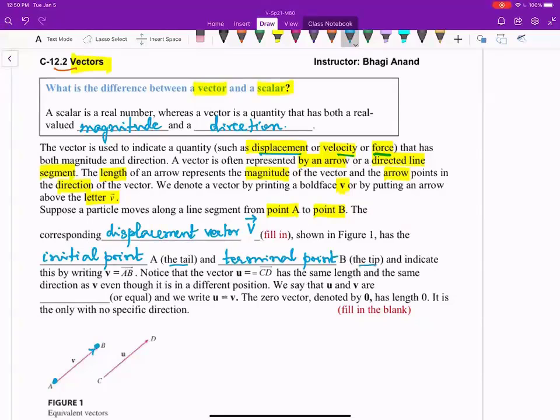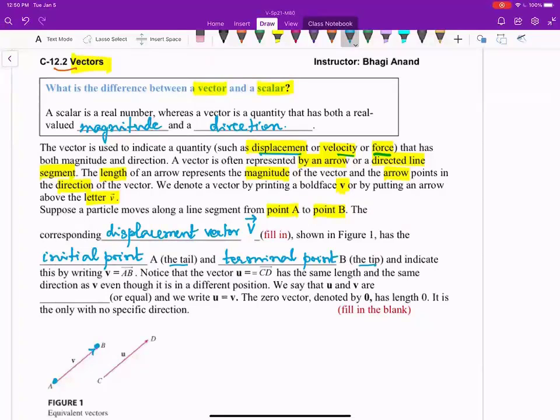The terminal point can be called a tip. And we indicate this by writing V boldface or V with an arrow on top equal to vector AB. So it starts at A and ends at B. The length of the vector is the length of AB, starting from A and ending at B in the direction of AB.